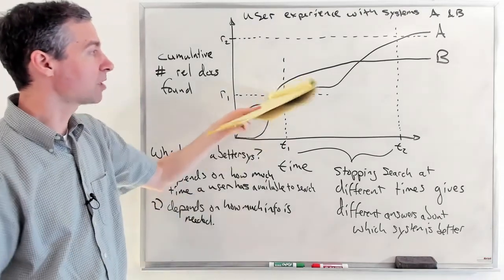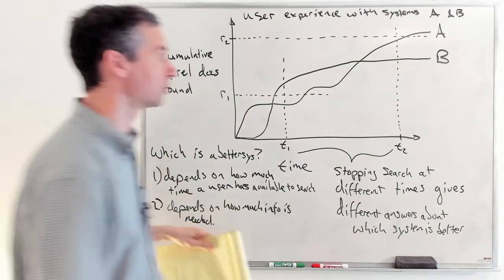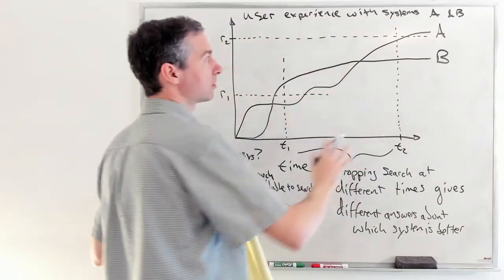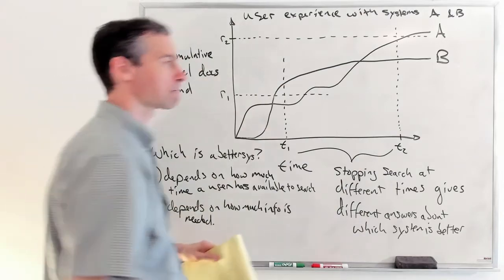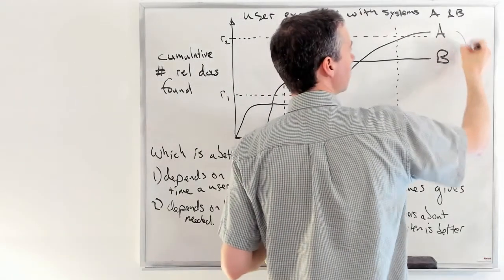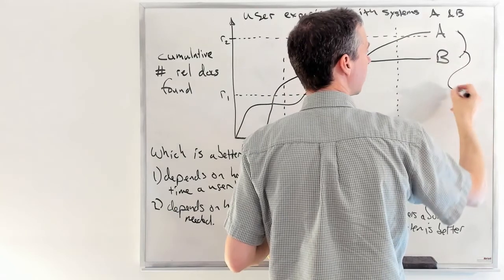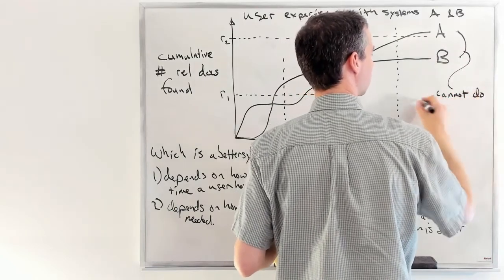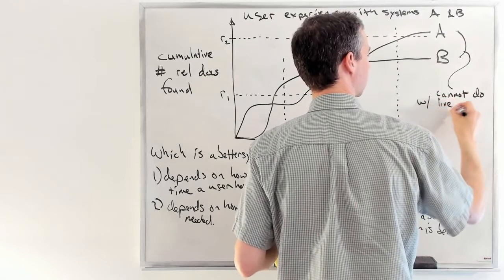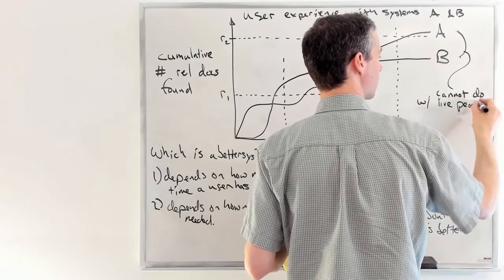Now, I want to mention one of the things here, though, that this is shown. This is like some users using this thing, for example. Just to be really clear, you cannot do this with live people, or real people, or whatever we want to say.